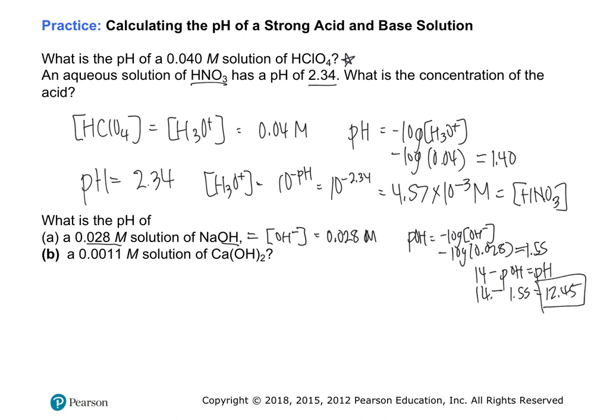So that's one way. You can also go from hydroxide to hydronium using Kw. That's another option. Here I have my hydroxide solution, but I have 2 of them. So I know my hydroxide concentration is going to be twice that of calcium hydroxide.